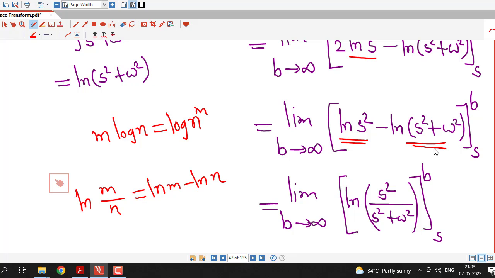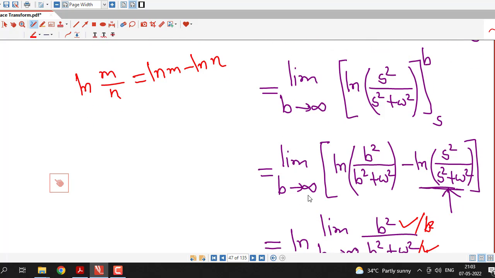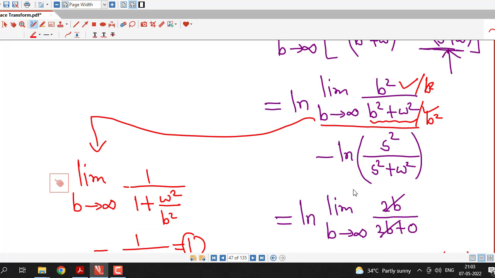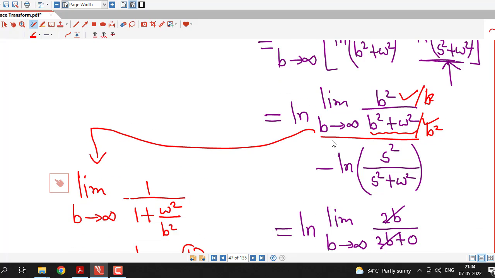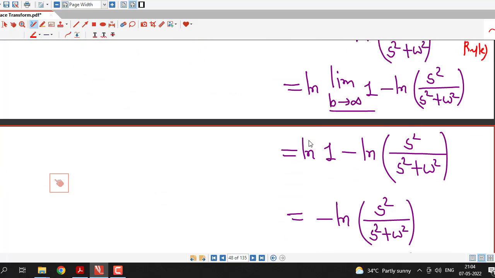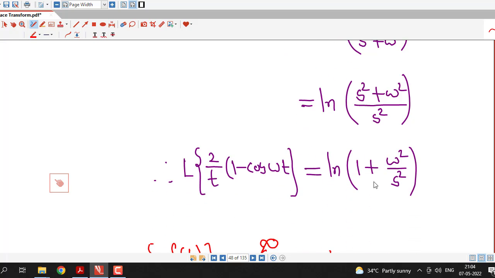Then using L'Hospital rule, we are able to decide this limit, and that limit turns out to be 1 and log 1 is 0. So we obtain this as the Laplace transform: log of 1 plus omega square divided by s square.